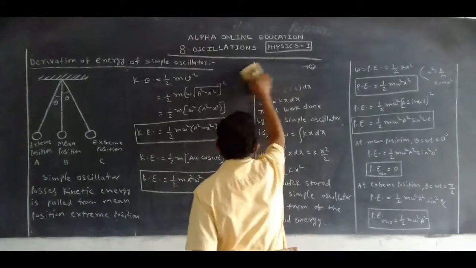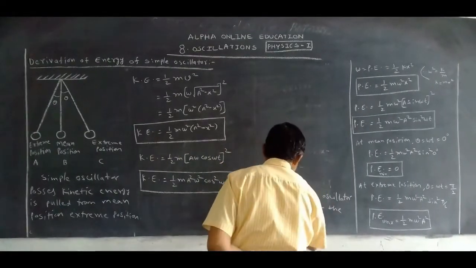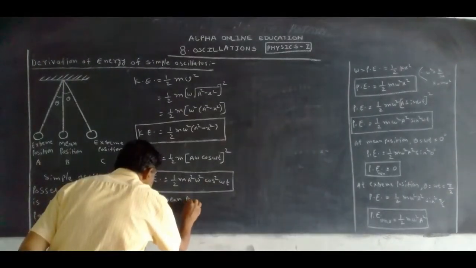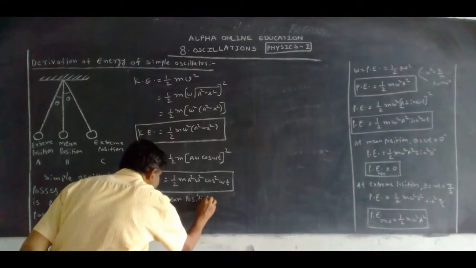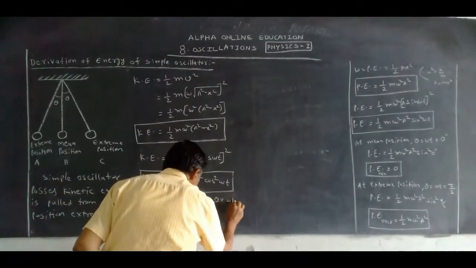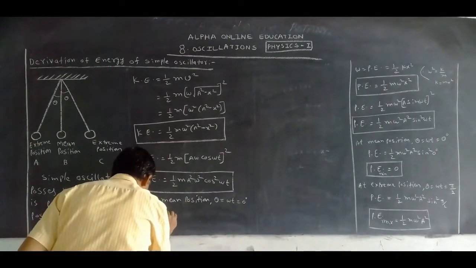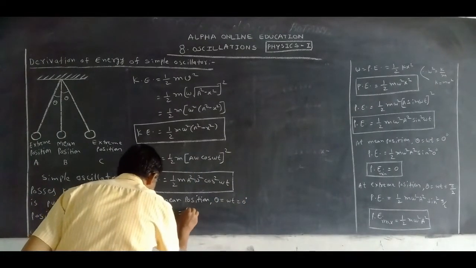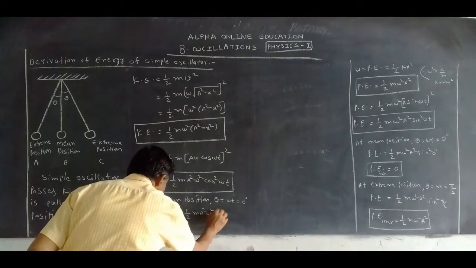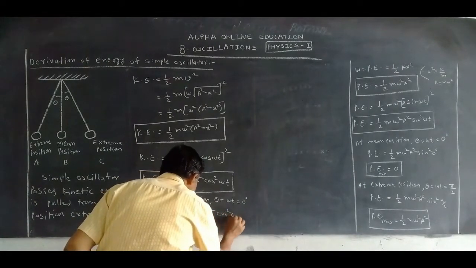Again here we take the conditions. Now what are they? At mean position, theta is equal to omega t is equal to 0 degrees. So kinetic energy is equal to half m a square omega square cos square 0.